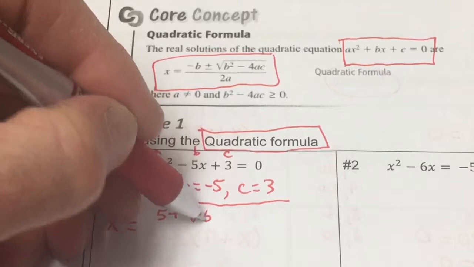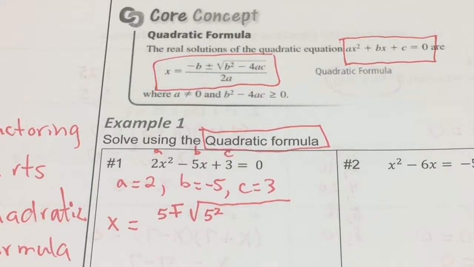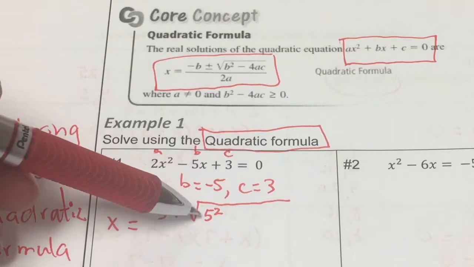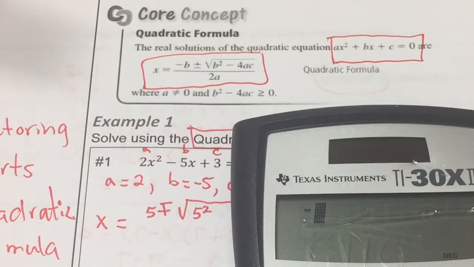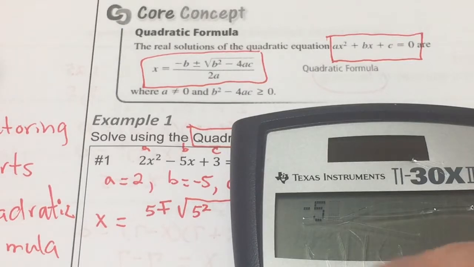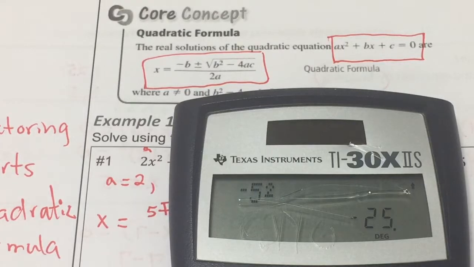Now I'm going to tell you something. I'm going to write 5 squared there without the negative because I know, and I know that you know, that when you square a negative, in other words, a negative times a negative is always positive. If I write this down as -5, then it increases the chances of you typing in something inappropriate in your calculator. Because if you type -5 squared like this, then you get an answer of -25.